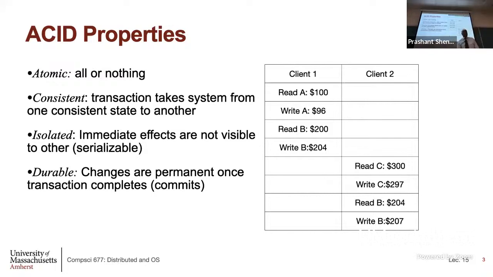ACID is an acronym. A stands for atomicity. Atomicity or atomic operations means all or nothing. Whatever set of operations you are performing inside, let's say, a transaction, either all of them succeed or none of them succeed. You will never have a case where two of the four instructions succeeded and the other two haven't succeeded, or you time out or you don't execute them.